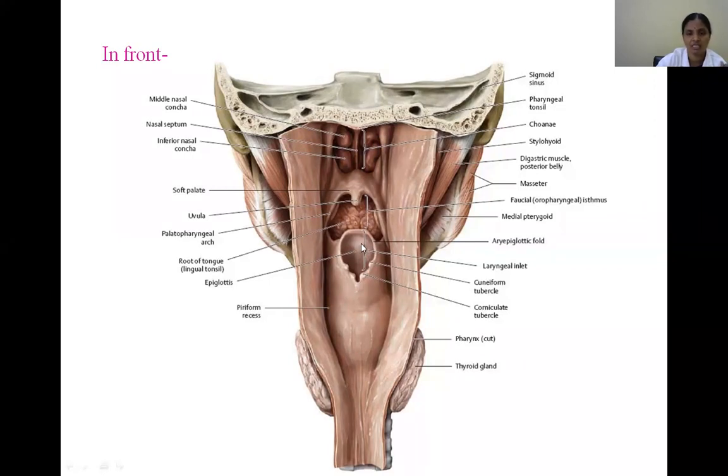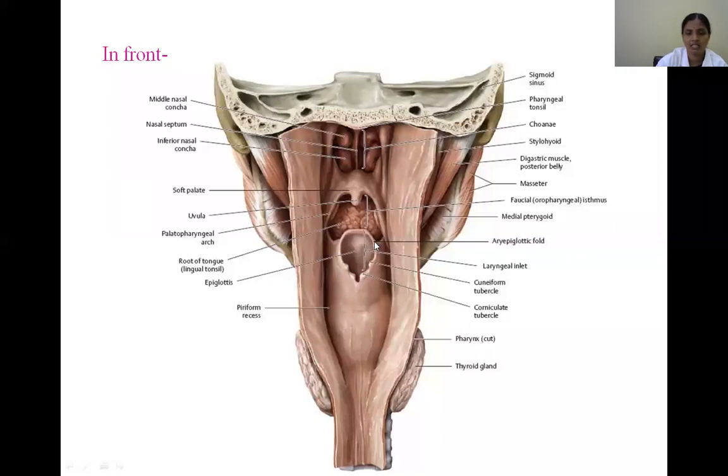Then beyond that, this is the upper border of the epiglottis. Below that level, what happens? The pharynx communicates in front with the larynx through the laryngeal inlet. What are the boundaries? We'll see in later slides.